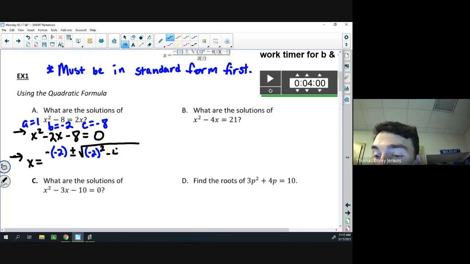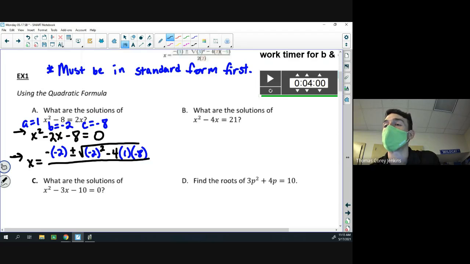Minus 4 times A, so A is 1, times C, which is negative 8. Now all of that is over, and I'll give you a second to catch up, so just keep copying from where you are. All that's over 2 times A, so 2 times 1.